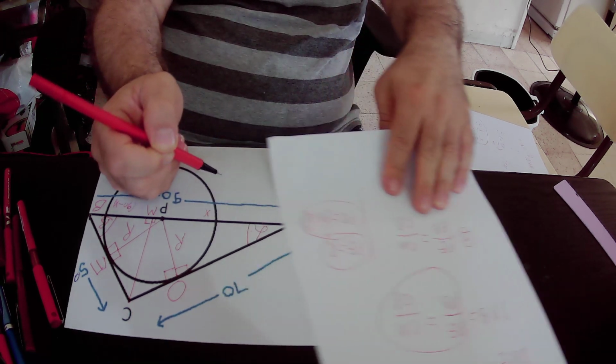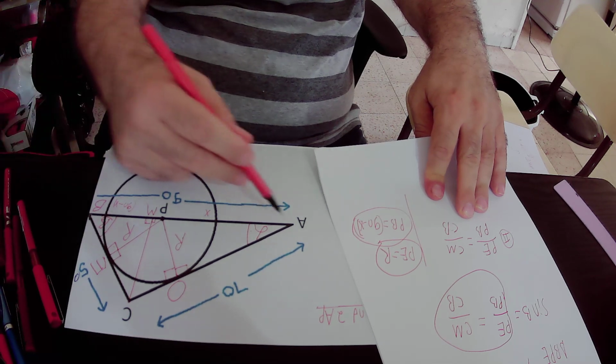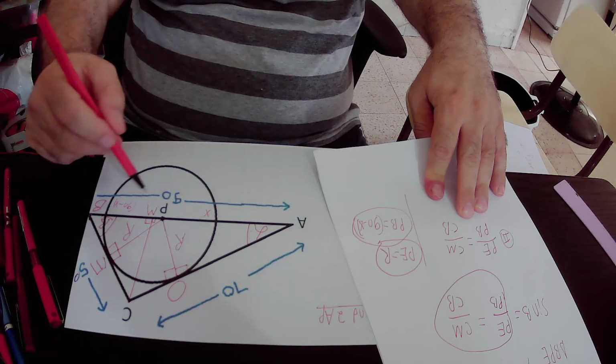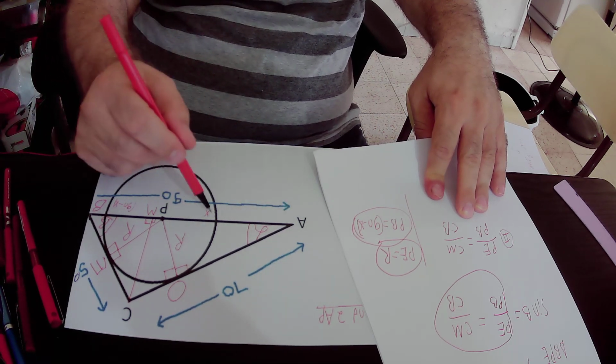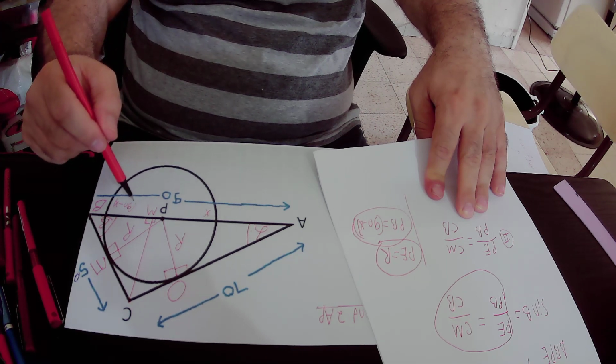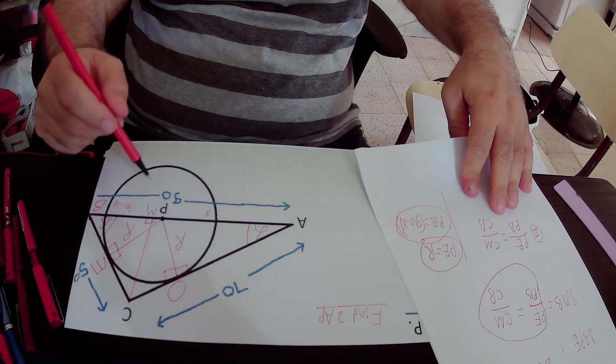Actually, PB equals AB, that is 90, minus AP, that is x. So in total, PB equals 90 minus x.